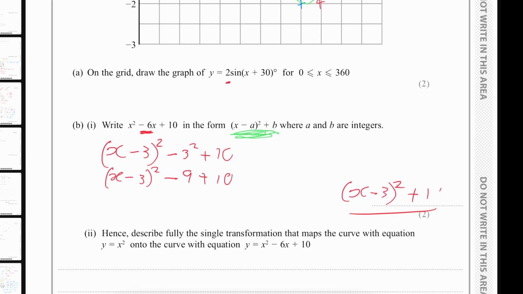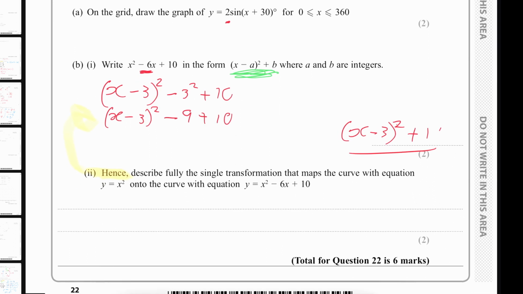Next up, it says hence, which is generally a good indication that we're going to take what we learnt above and use it on the next question. Hence, describe fully the single transformation that maps the curve of the equation y equals x squared onto the curve of the equation y equals x squared minus 6x plus 10. So, looking at this equation above us, this bracket squared looks like my x squared term over there, and then I've just got a plus 1.